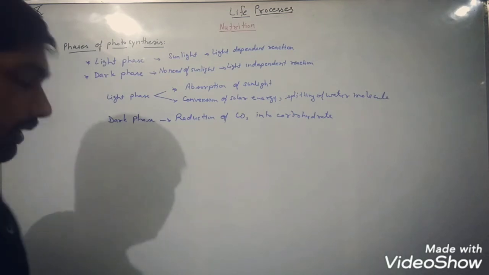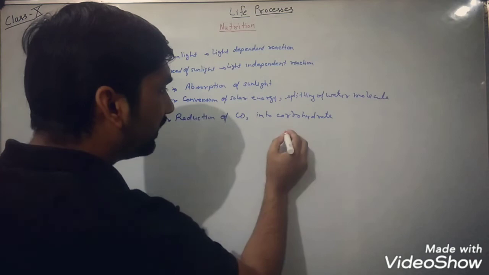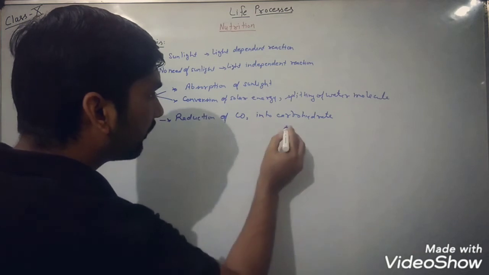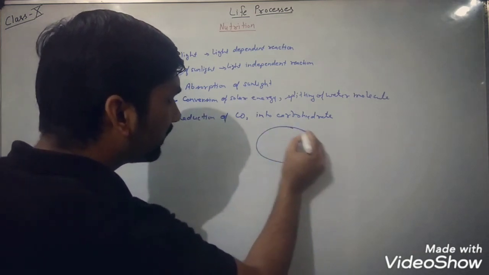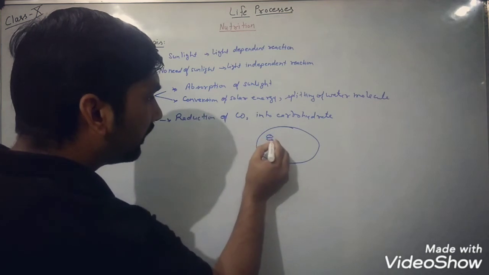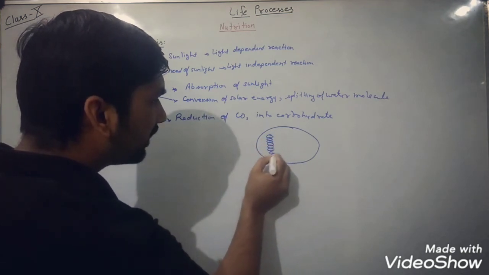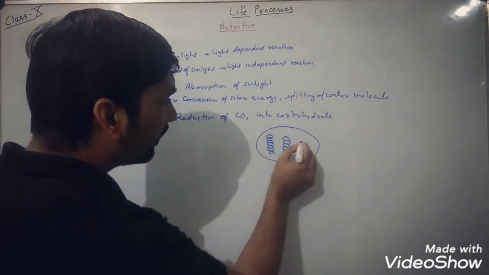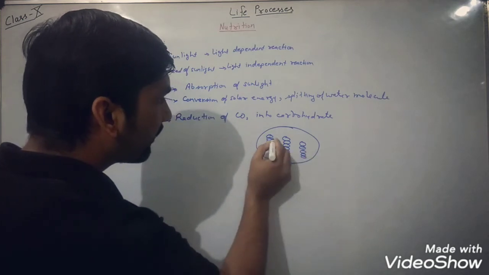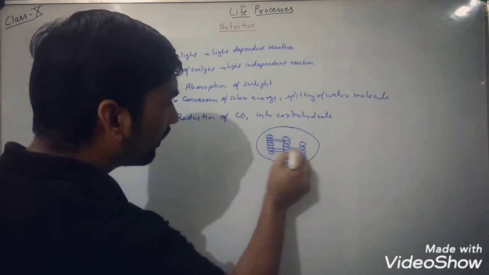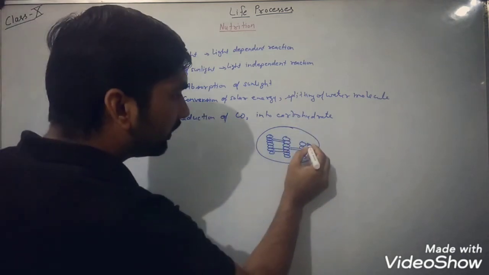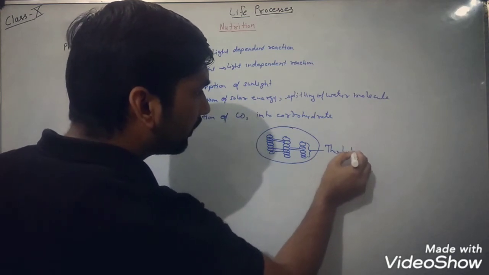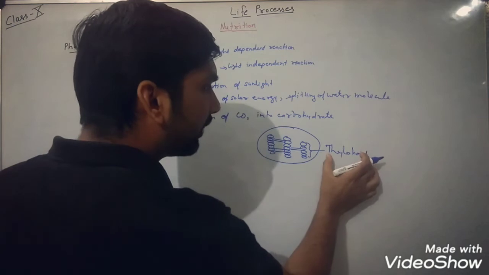So, as you know, plants have chloroplast in them, and if we make the structure of chloroplast, some coin-like structures are present there, which are known as thylakoids.